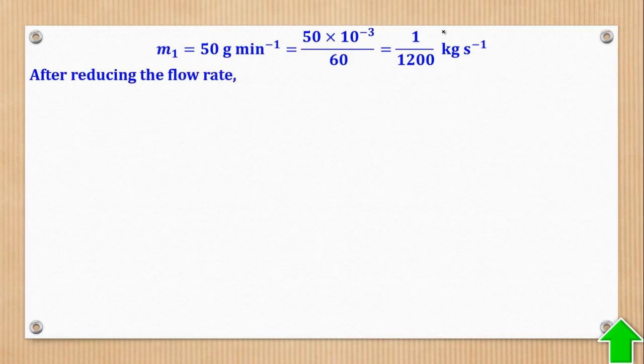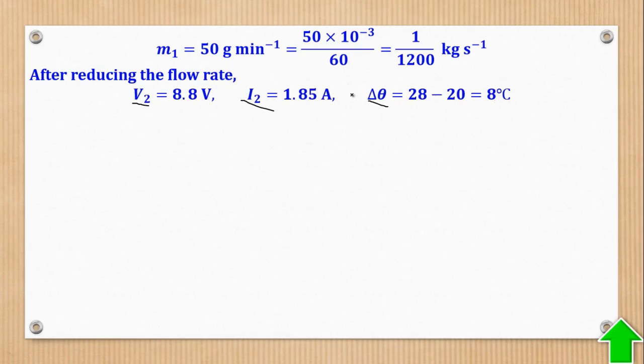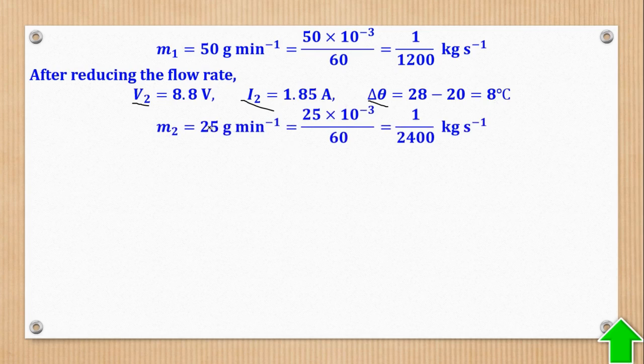What about after reducing the flow rate? We have V2, I2, and change in temperature, which is the same as before. Then the mass, in kilograms per second, will be 25 grams per minute. So you convert to kilograms per second.